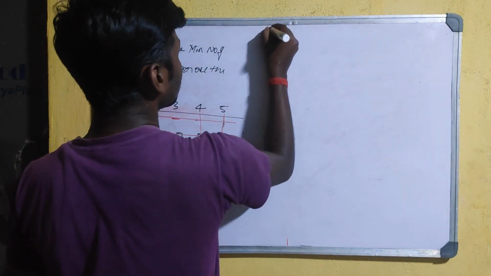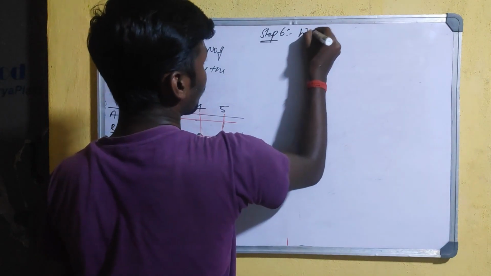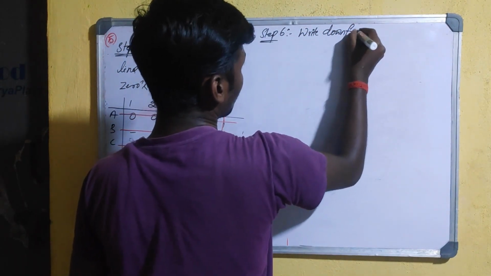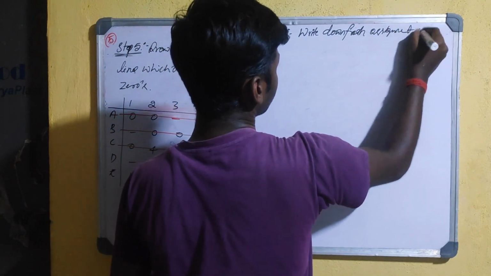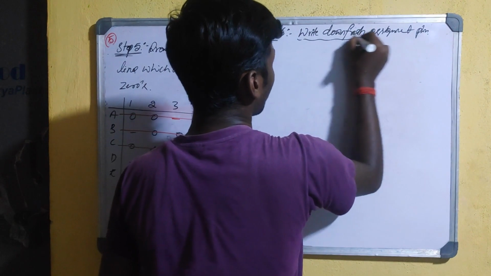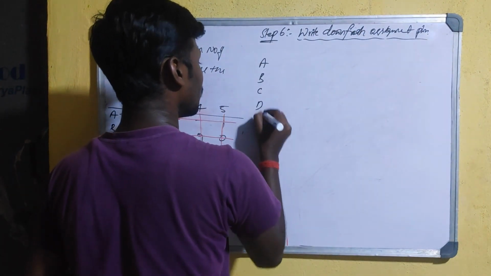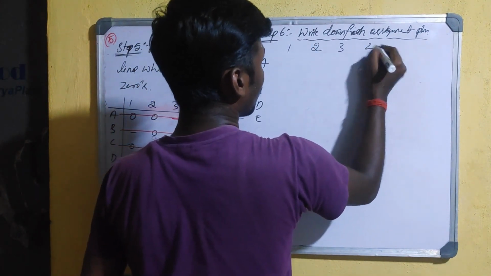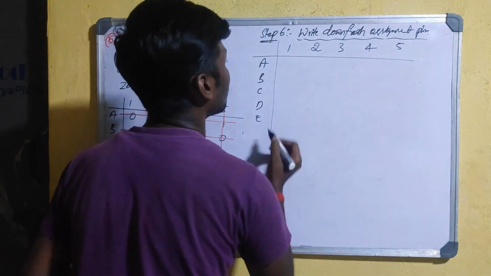Step number 6, write down fresh assignment problem. So how many swimmers are there? 5 swimmers are there, and 5 different styles are there. One is the dummy style.